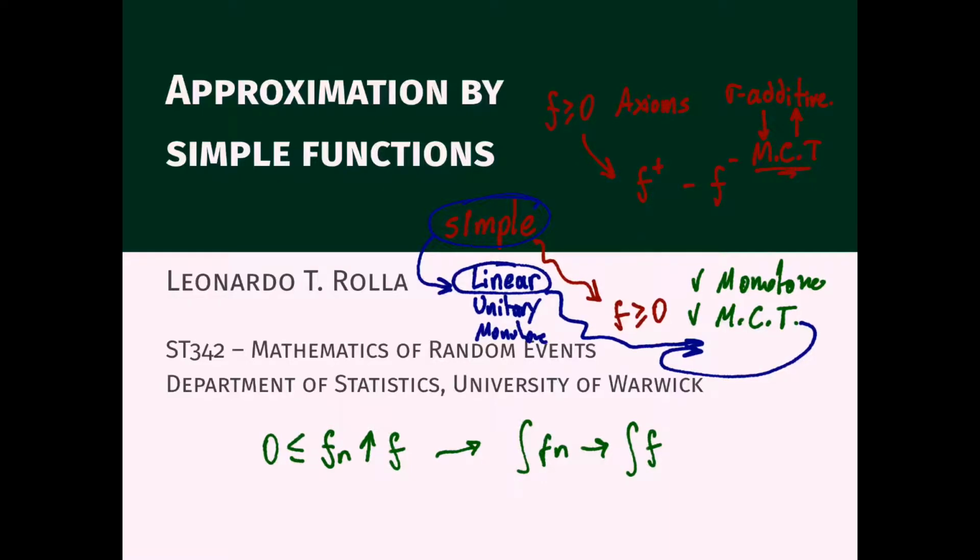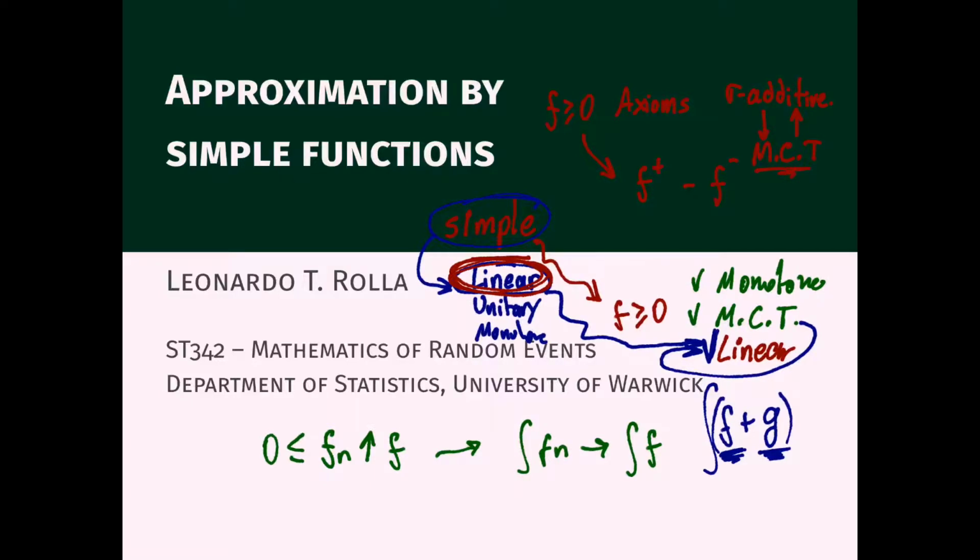How can we do that? Well, if we have two functions f and g, and we want to understand the integral of f plus g, we can approximate f by simple functions and approximate g also by simple functions, and use the fact that the integral is linear for simple functions to conclude from there that it's also linear for non-negative functions.